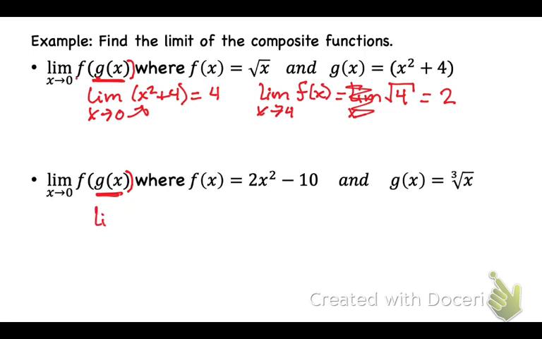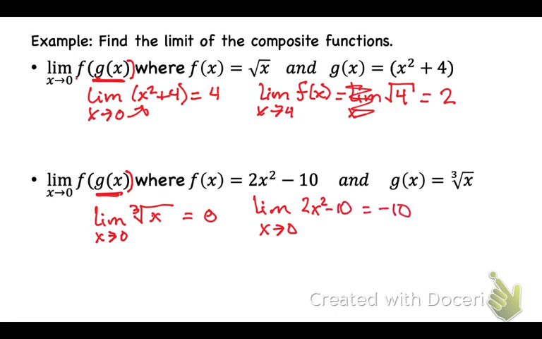So the limit as x approaches 0 of the cube root of x, which is going to be what? 0. So then we put the limit as x approaches 0 of 2x squared minus 10, which would be negative 10. Just inside out again.